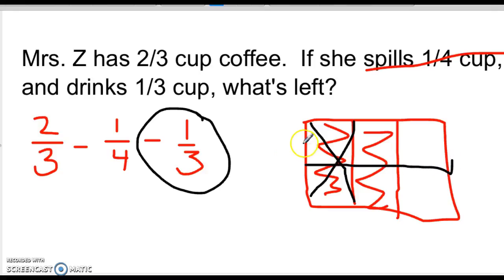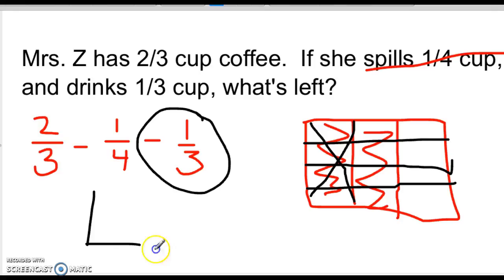So 1, 2, 3, 4. There's my 4 strips. But I've already crossed out this whole chunk, so I can't cross out a 1/4. I kind of need to figure out, okay, a 1/4 is how many 12ths, because that's how many pieces I have over here, and that would be a common unit.